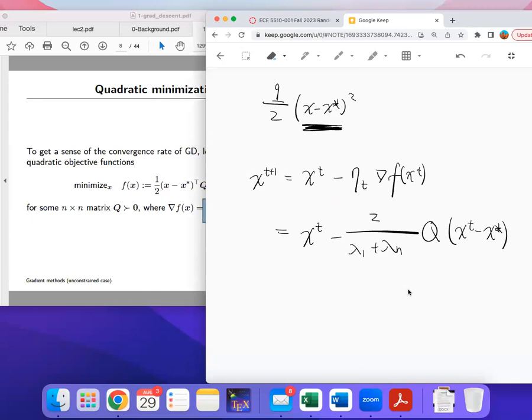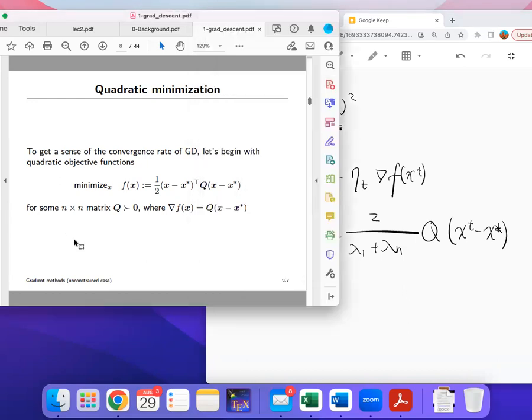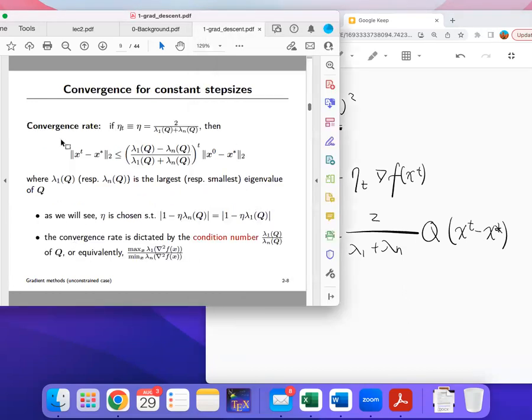If you follow this gradient descent algorithm, you start from x0, and now you can do this iteratively, computing the x t's along the way. Following this algorithm, we can prove this result.